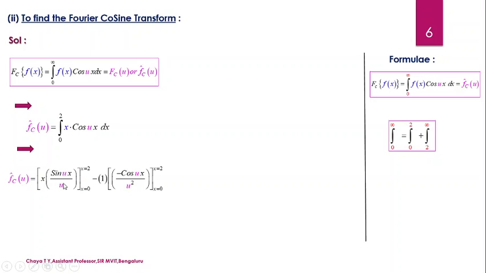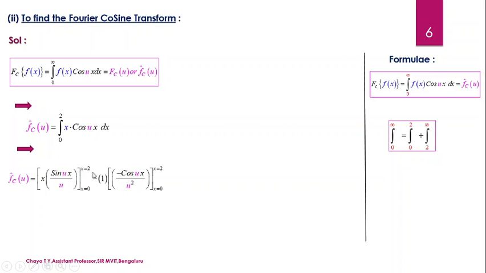What is the integral of cos ux? Sin ux divided by u, and the limits are where x varies from 0 to 2. Minus sign by Bernoulli's rule, the differentiation of x with respect to x, the derivative of x is 1, and I have to find the integration of sin ux by u.